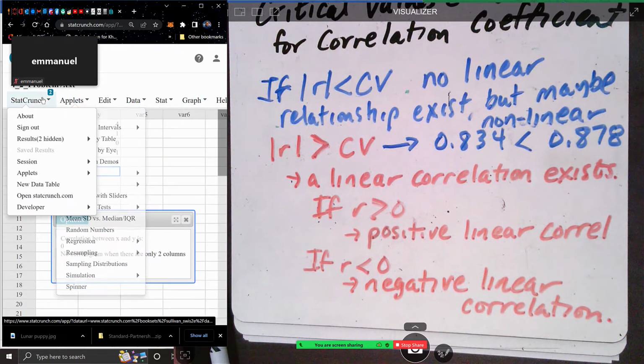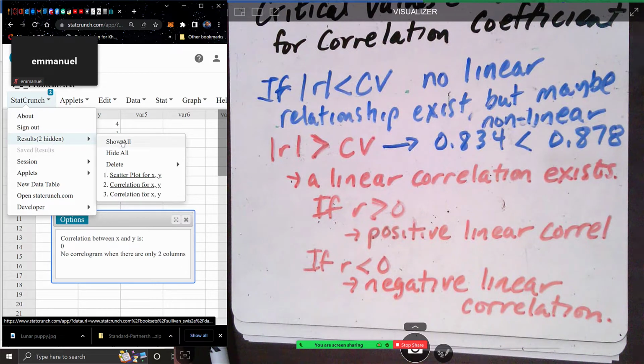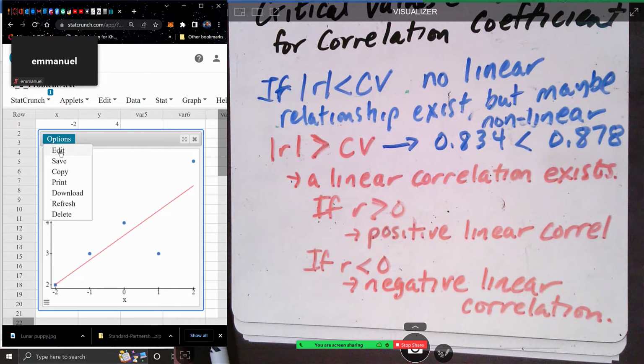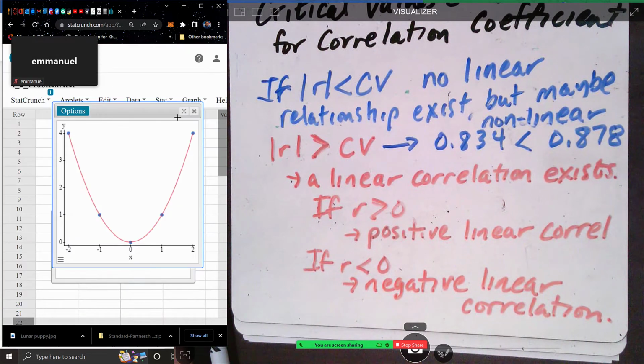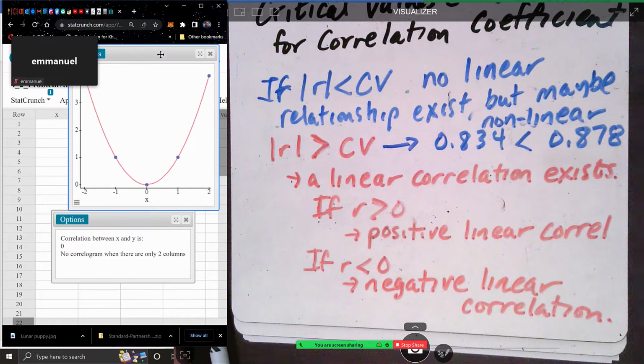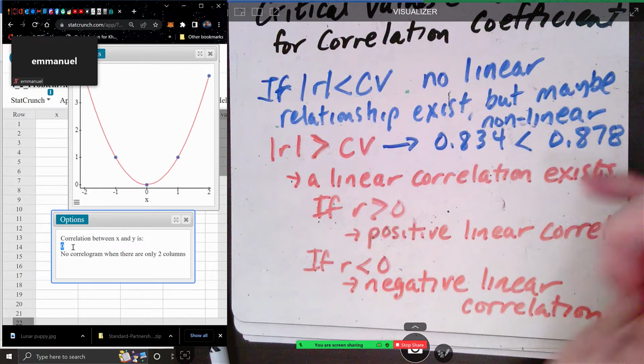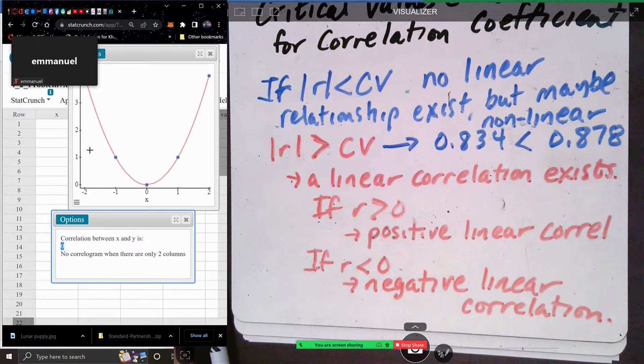But we saw when we did the graph here, there is a perfect fit. So here, my correlation is 0. That's definitely below the 0.878. So it says that no linear relationship exists, but there might be a nonlinear relationship. Like this one has a nonlinear relationship. So don't just assume that there's no relationship based on what you get.